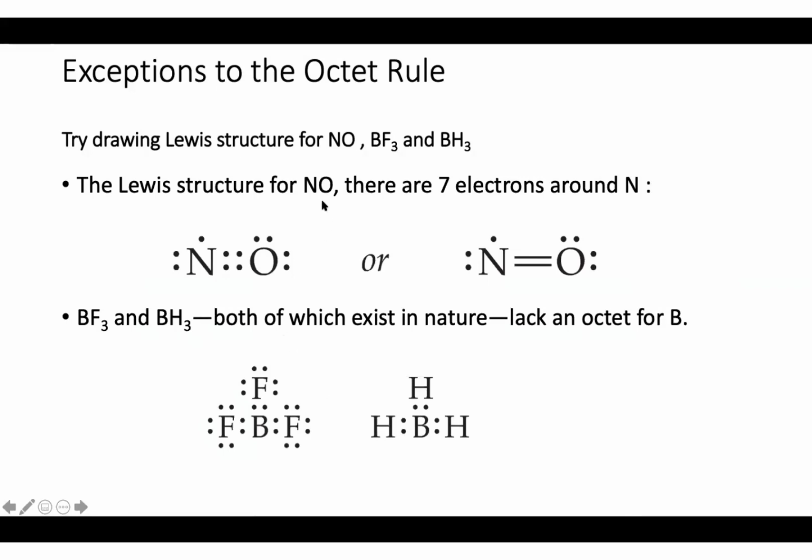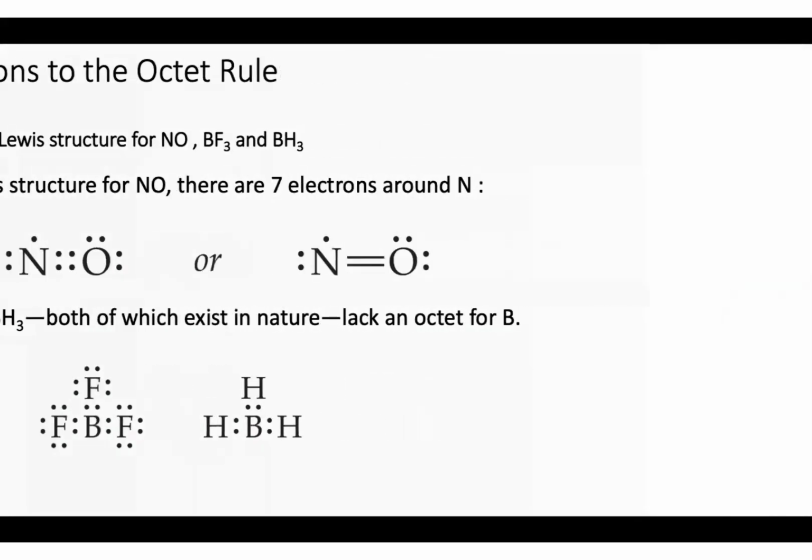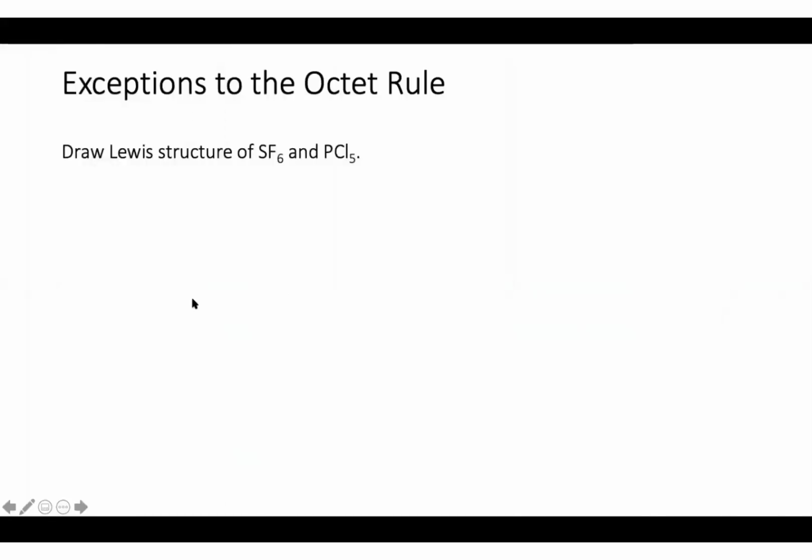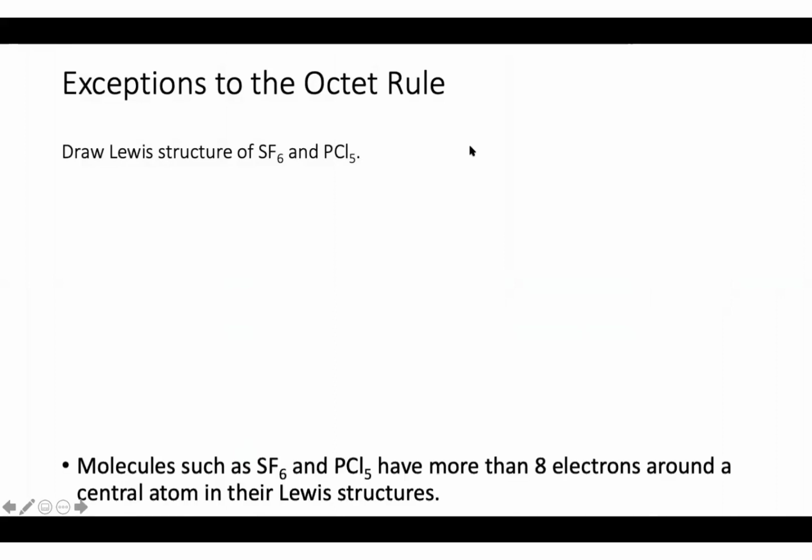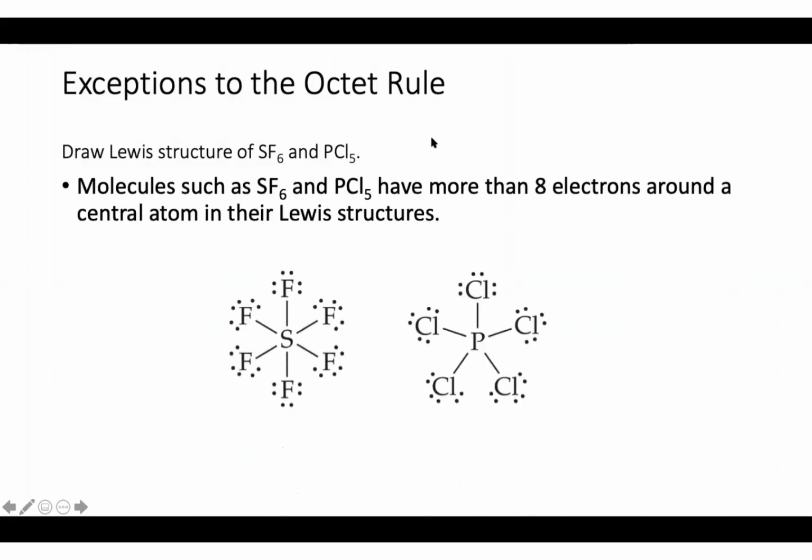Also NO is another exception. Nitrogen in NO is happy with 7 electrons. So please remember those. And also SF6 and PCl5 are exceptions.